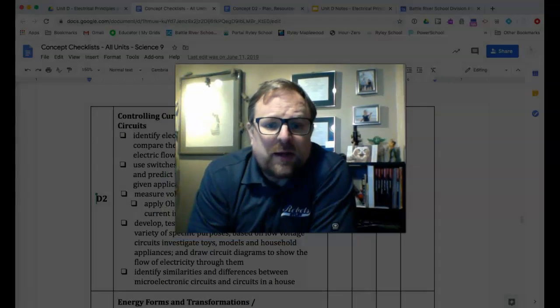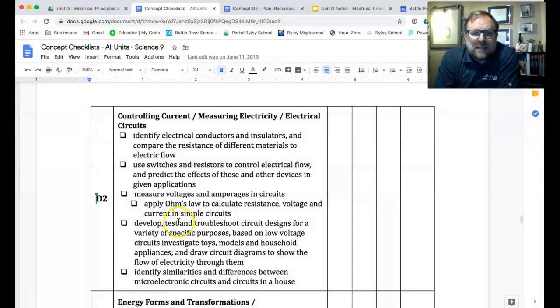So today we're going to be covering concept D2, which is going to have us looking at controlling current, measuring electricity, and electrical circuits. We're going to play around with conductors and insulators a little bit. We'll talk about switches and electrical flow and how they're related to each other. We'll get into voltages and amperages in circuits and how we measure them.